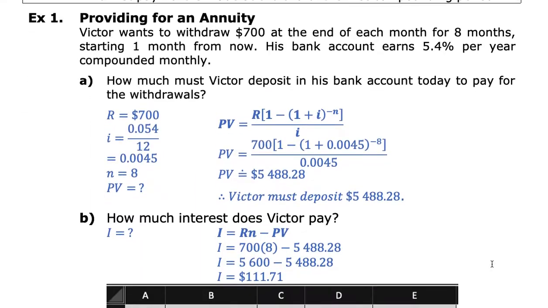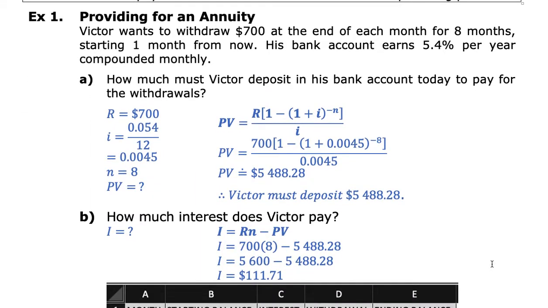Let's look at an example. Providing for an annuity. Victor wants to withdraw $700 at the end of each month for 8 months, starting 1 month from now. His bank account earns 5.4% per year compounded monthly. The first thing I'd like to point out is that this is an annuity. We want to withdraw $700 at the end of each month, so it's regularly occurring.